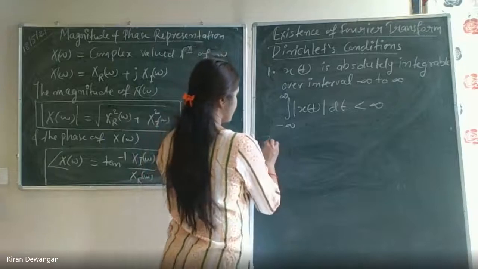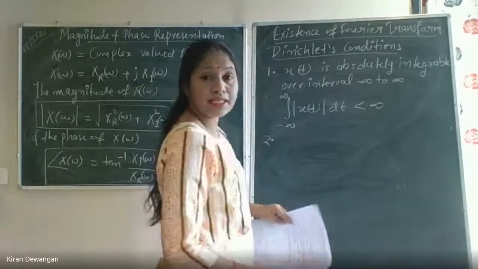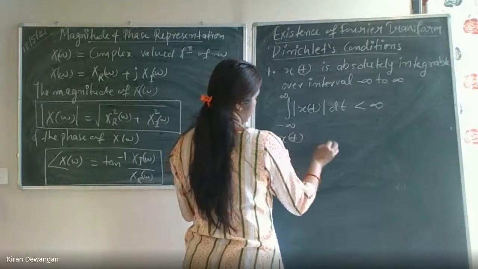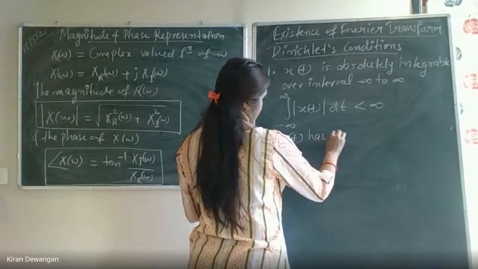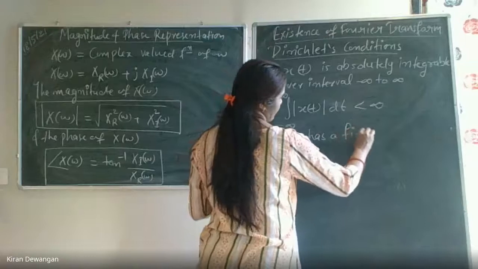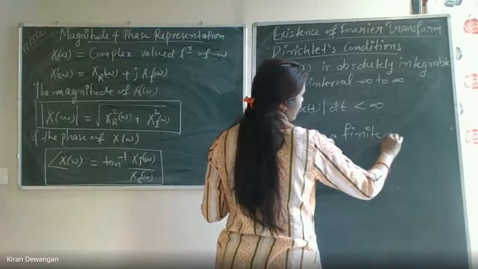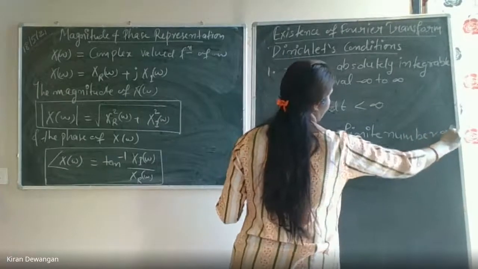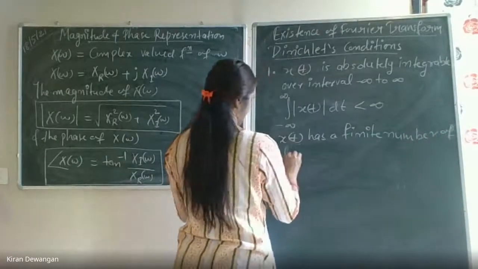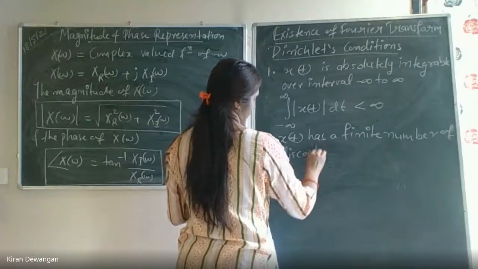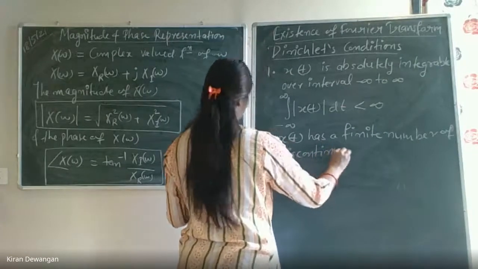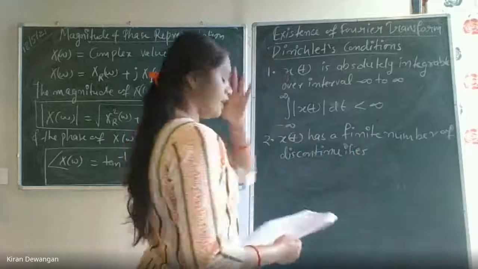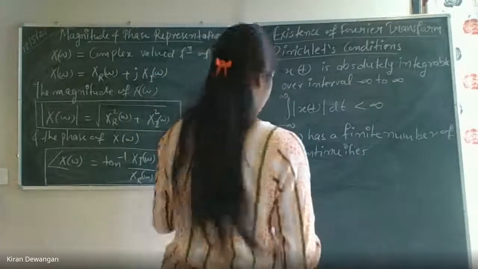Now coming to the second condition, it is saying that x(t) has a finite number of discontinuities in every finite time interval.